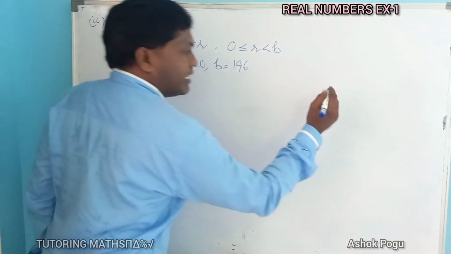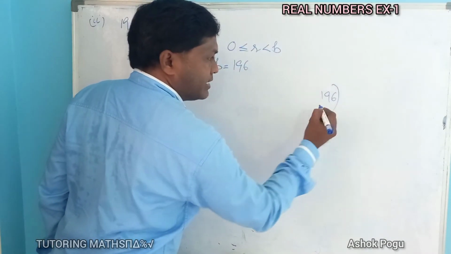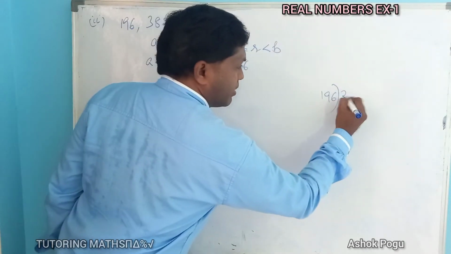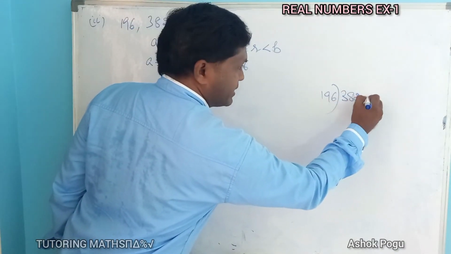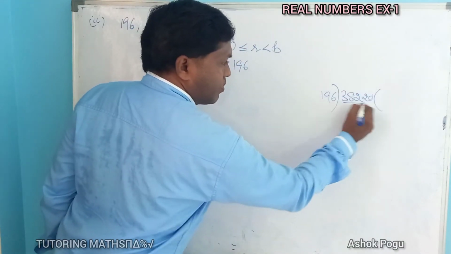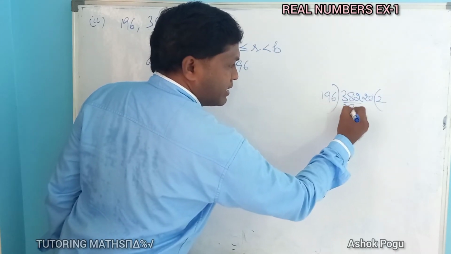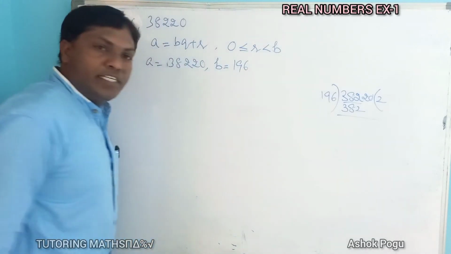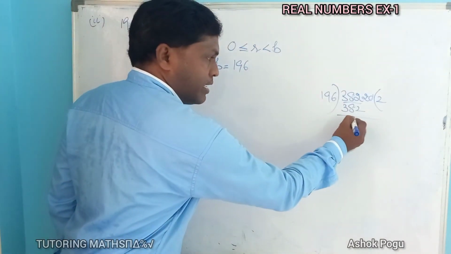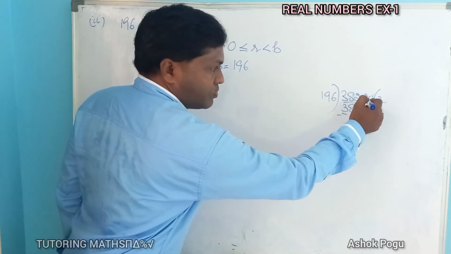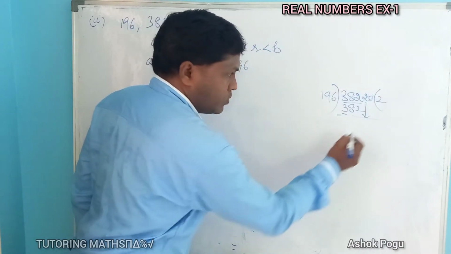Let us see in the rough column. 196, we have to divide this number by 196. Yes, 196 twos are directly 392, remainder 0. Not remainder, directly. And next, take down 2.